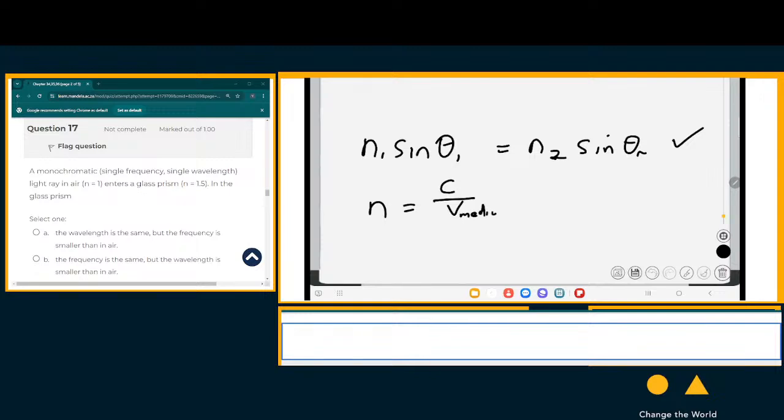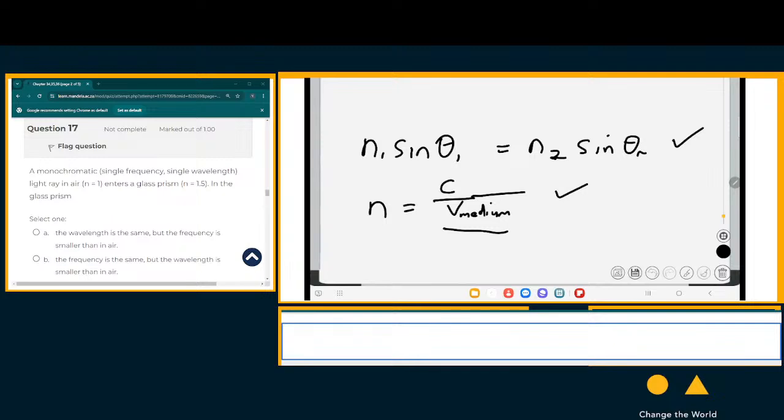Now, you should know by now, if you're studying physics, that the speed of light is the absolute speed constant. Nothing can travel faster than the speed of light. That means whatever v you have here will always be lower than c.